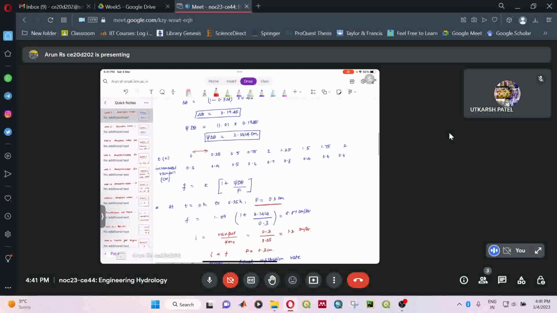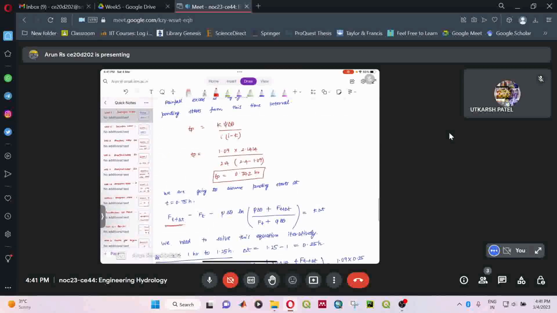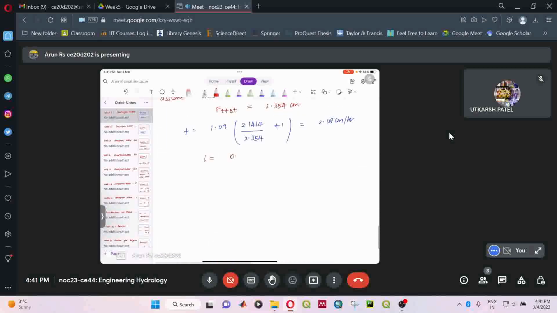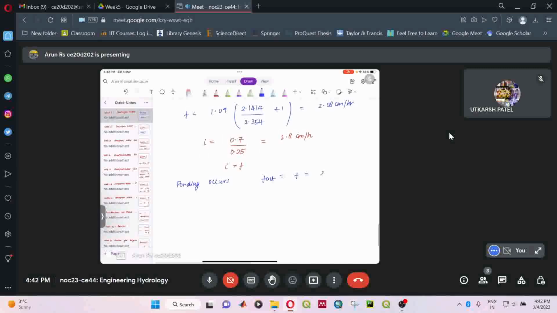Between 1 and 1.25 you have a rainfall of 0.7 centimeters, so 0.7 divided by 0.25 is 2.8 centimeters per hour. Again I is greater than f, so ponding occurs, and f actual is equal to f, which is 2.08 centimeters per hour.